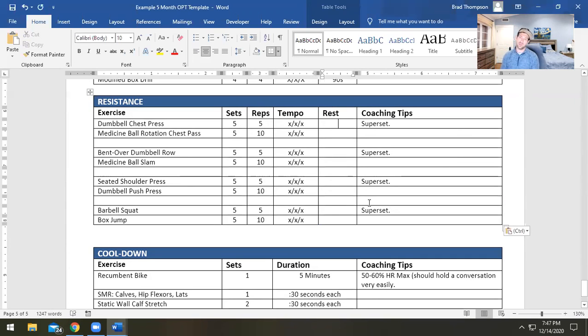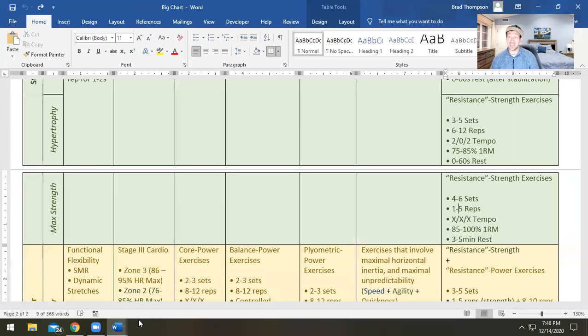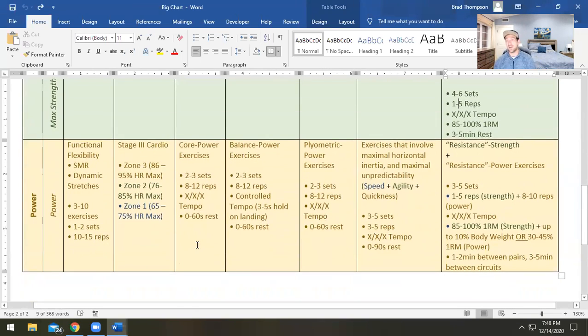Now, there are two ways to approach rest. In this version, we are doing straight sets. There's the take even more rest approach, which is taking 1 to 2 minutes between the pairs, and then 3 to 5 minutes between the circuits or the sets.